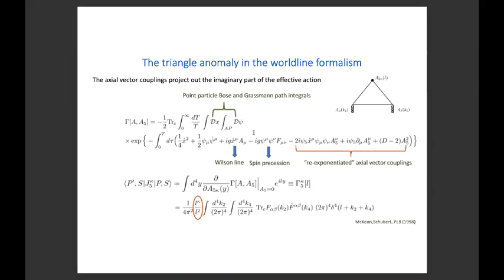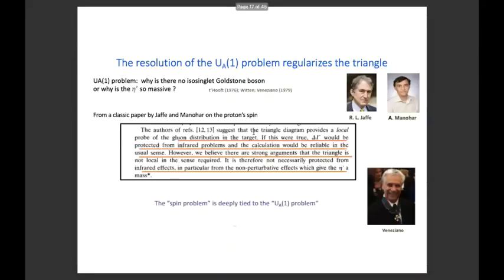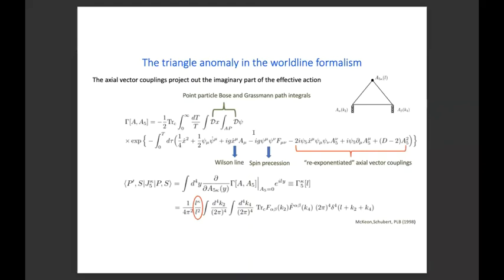Now returning to the problem that I mentioned: if I'm computing J mu 5, the object that I mentioned is the quark helicity, what you see is that the quark helicity has a contribution which diverges in the forward limit.